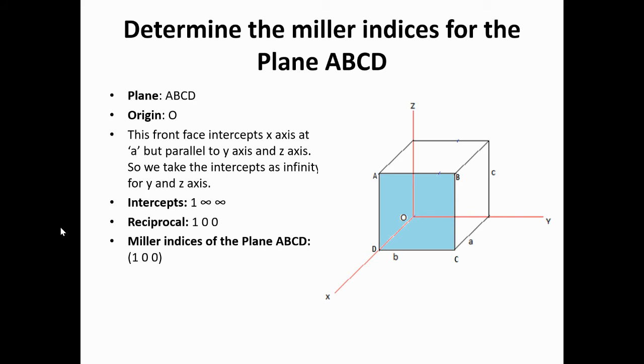Now in the next step, we take the reciprocal of these coordinates, that is 1, 0, 0. So the Miller indices of this plane ABCD is (1 0 0), which is put in the first bracket. Okay. All the planes parallel to this plane ABCD will have the same Miller indices.